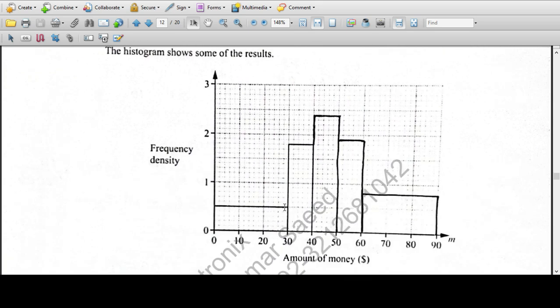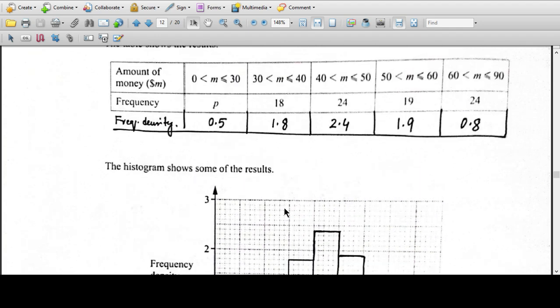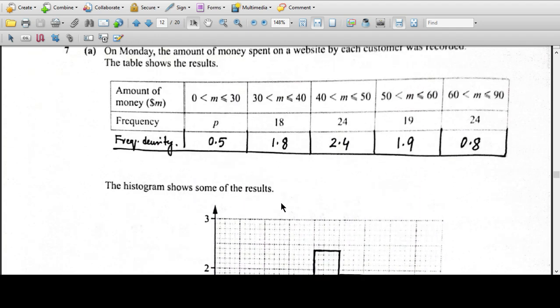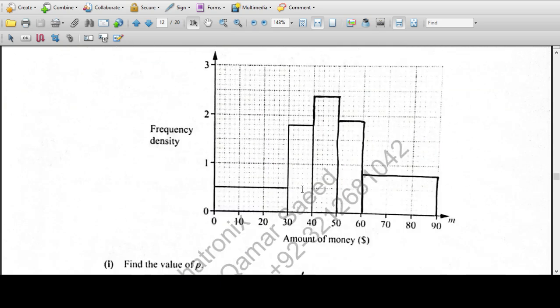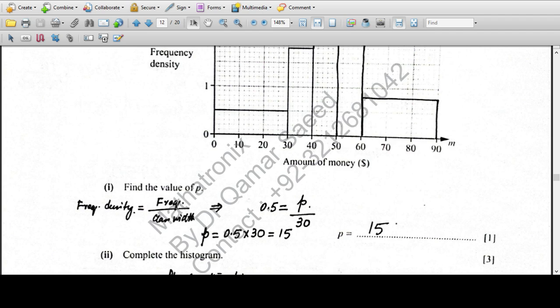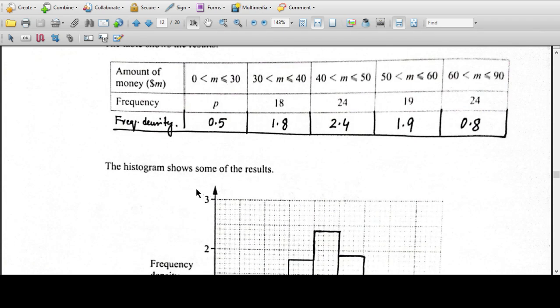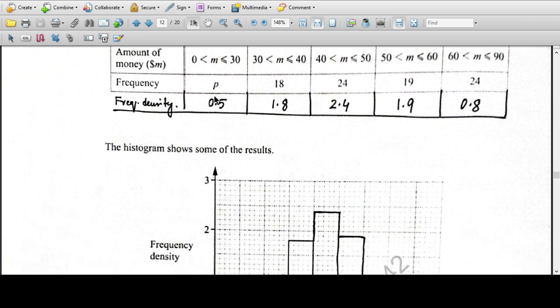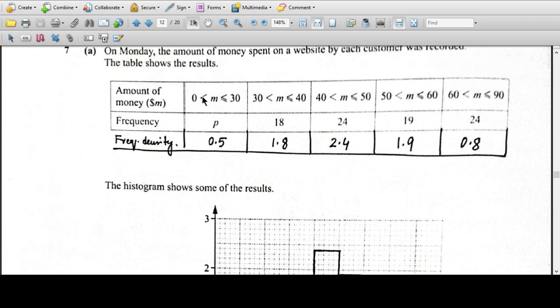The frequency density is 0.5, and frequency density means that if we divide the frequency by the class width, we get the frequency density. So P divided by the class width, which is 30, is equal to 0.5.